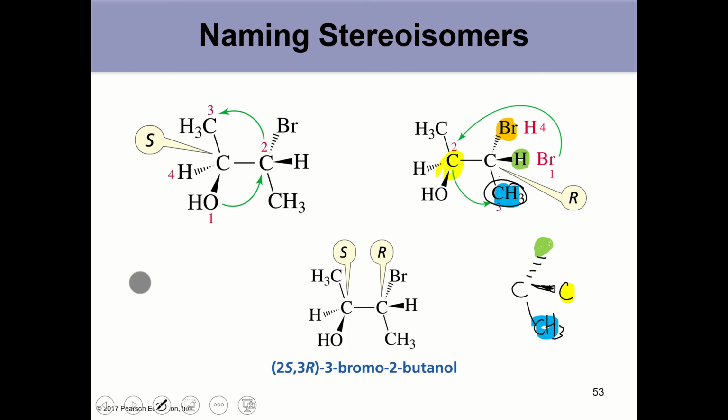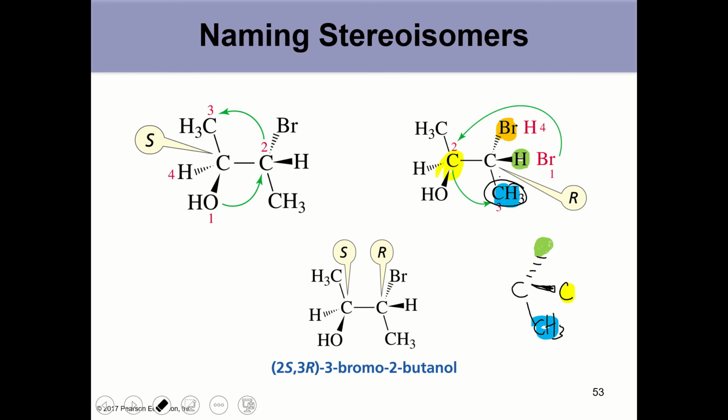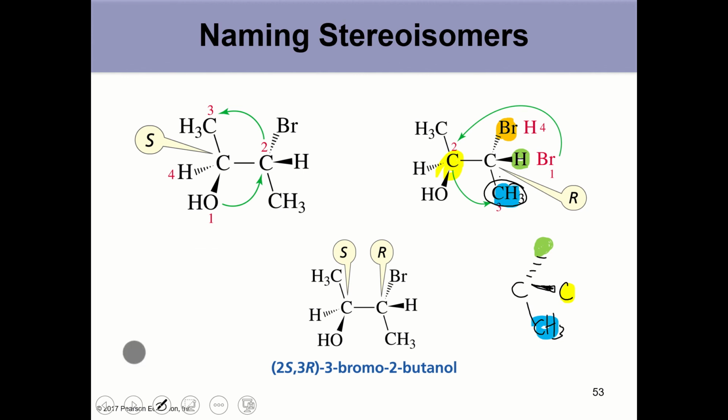Then on this solid wedge that comes up from the other side, where previously the yellow carbon was, after the rotation, that will be the orange bromine.